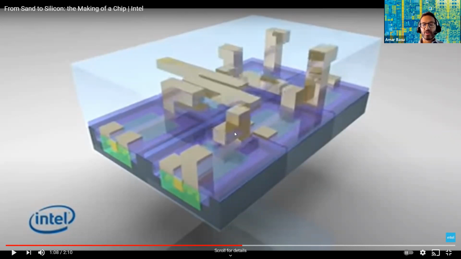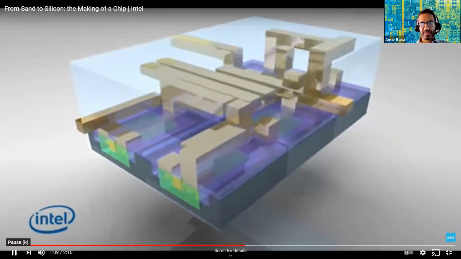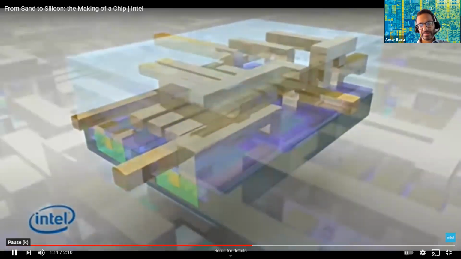Connecting one transistor to another is a whole series of different metal layers, going back and forth, horizontally, vertically. It's just a mess of wires on the chip, basically. They're not actual wires, these are very precisely fabricated strips of metal. They're called traces, actually. So, multiple metal layers.